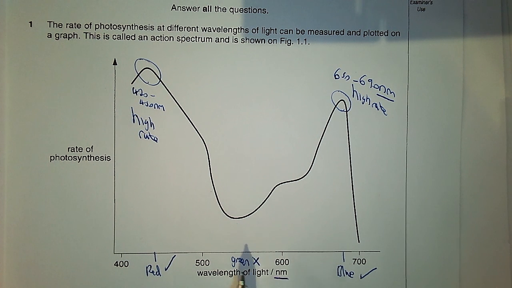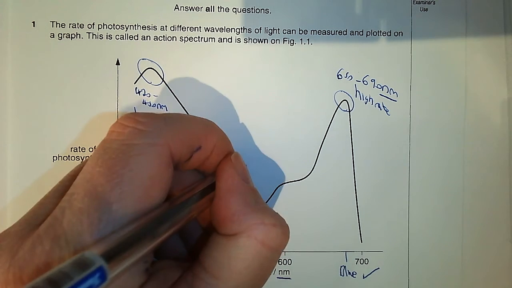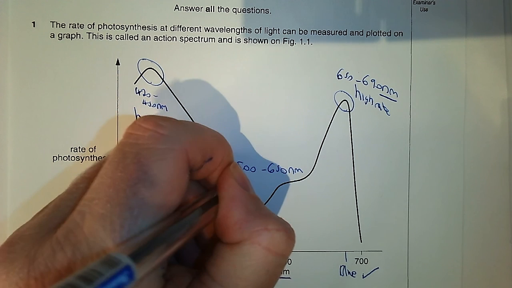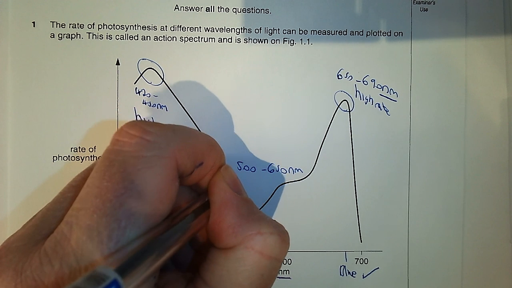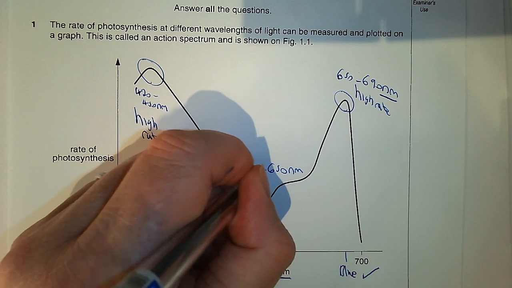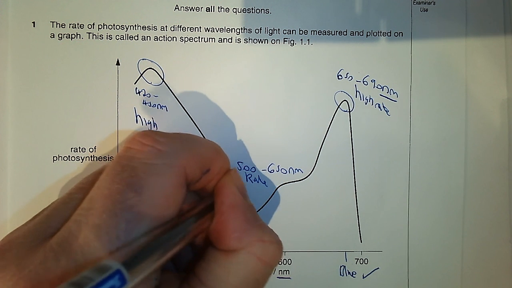And between this point here, so between 500 and 650 nanometers, there's less rate, it's less effective.